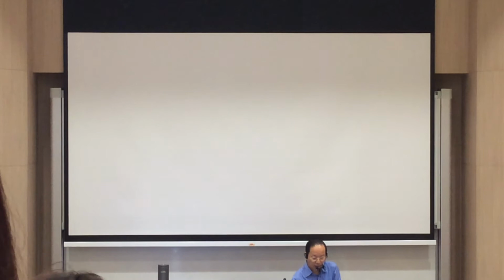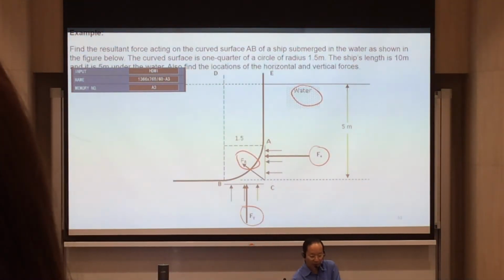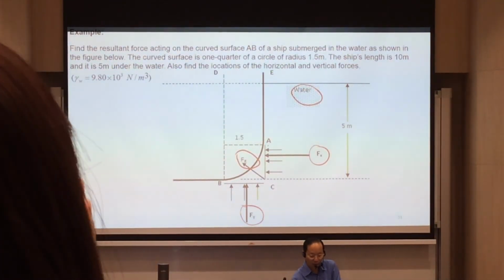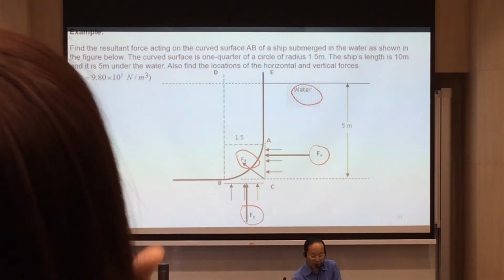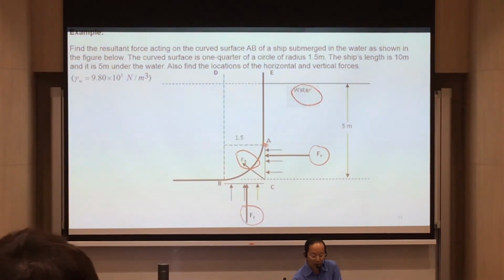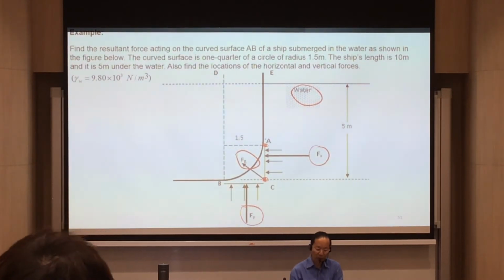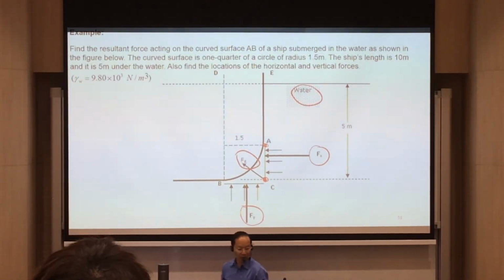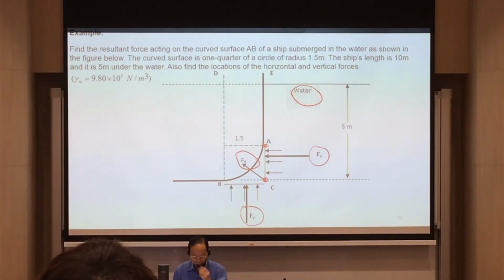As you integrate, just like for the flat plate, integrate from this point here, A, to point here, C. A to C. So what is the y value at A?